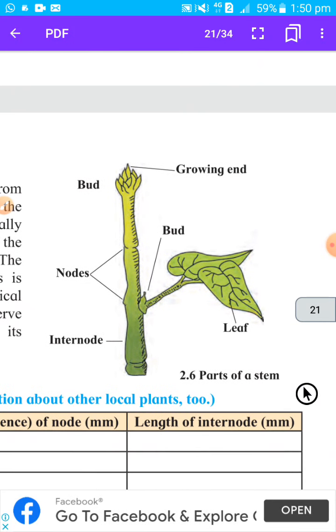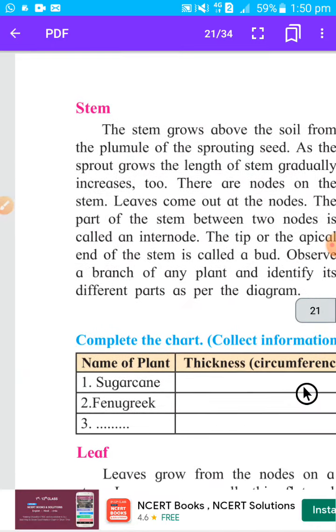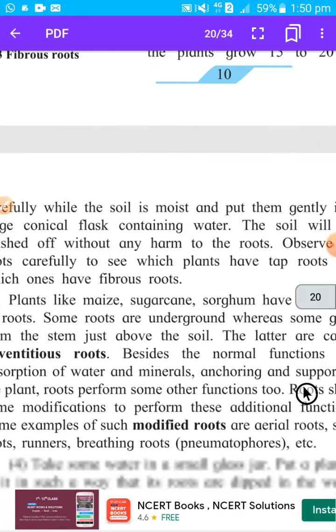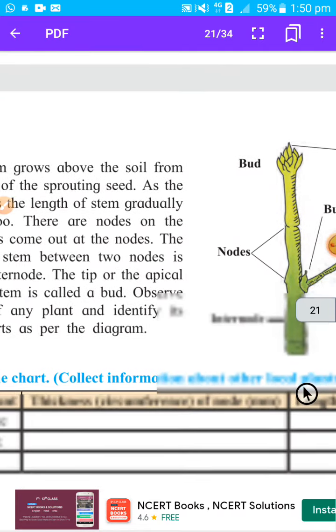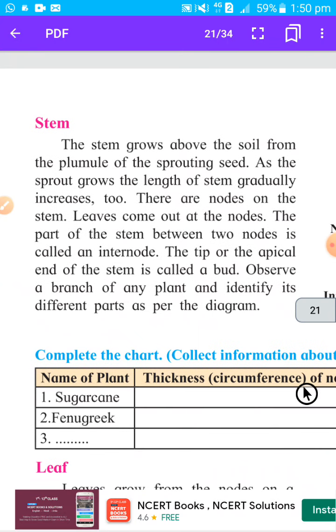In the exam there will be a question with a labelled diagram, describe the parts of stem. So you have to write this answer. Understood? Which are the parts of the stem? Nodes, internodes and growing bud. So very easy and only 2 to 3 points are there. There are nodes on the stem, leaves come out of the nodes.